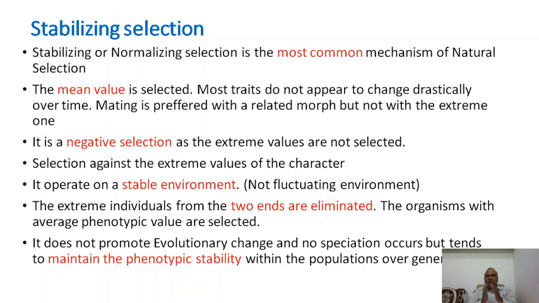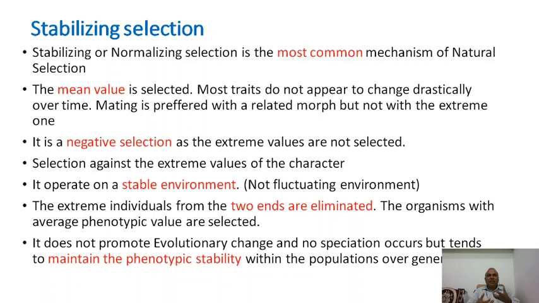The individuals with extreme values are not selected. This pattern operates in an environment which is homogeneous and does not change very rapidly. So nobody will go for extreme varieties, because everything is normal.